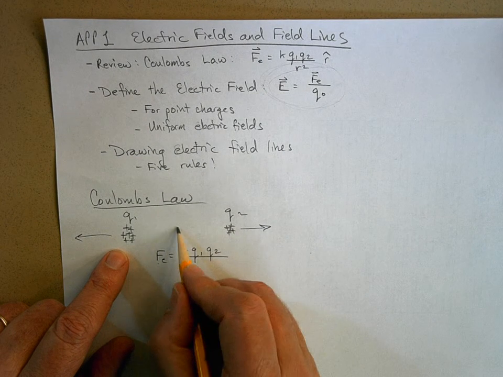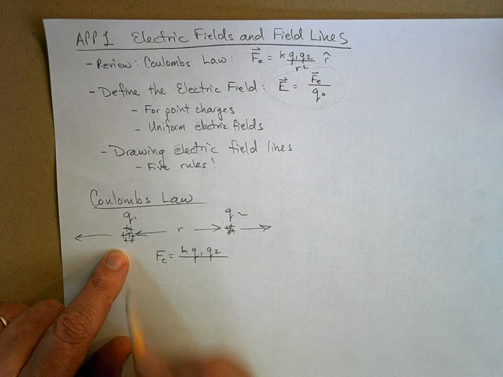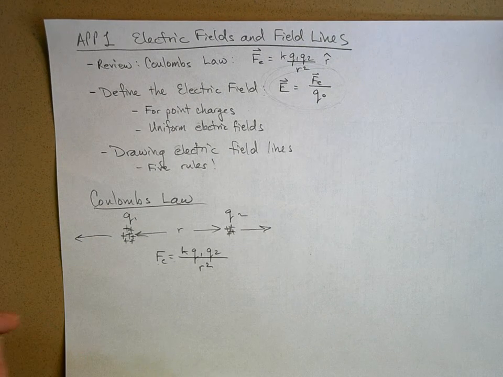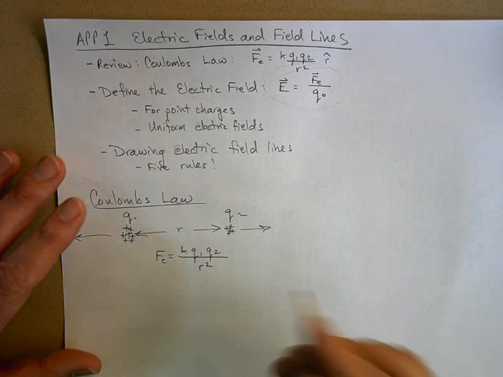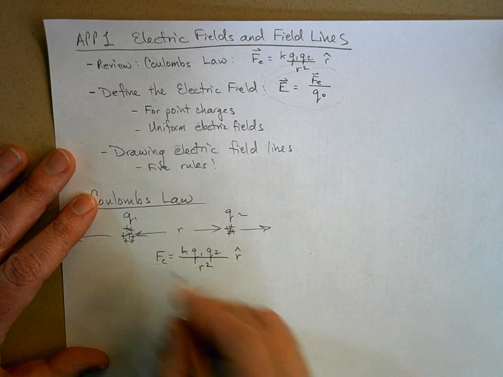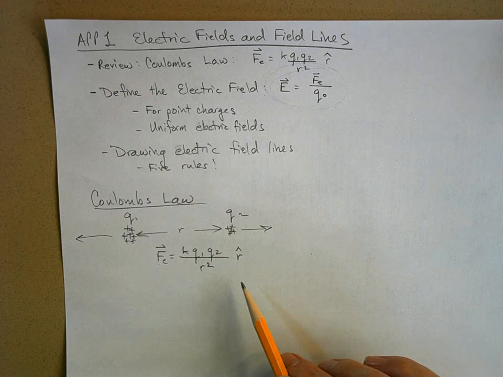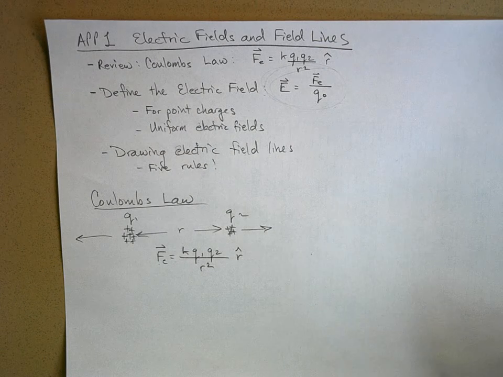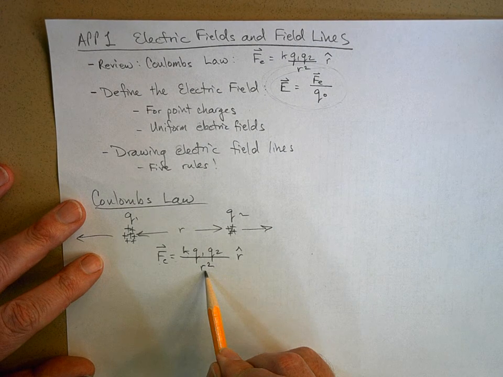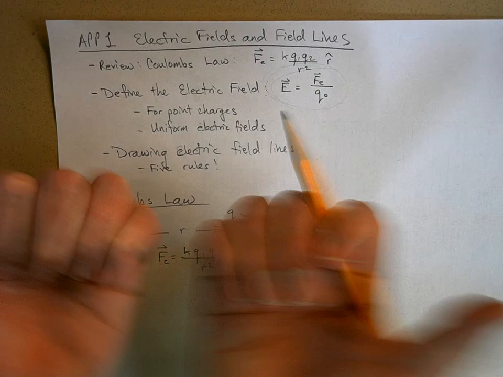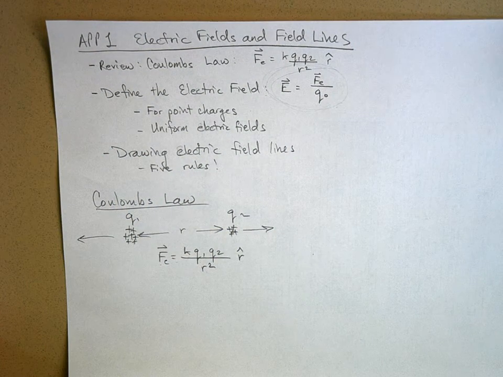And also the distance between them, which we're going to call R squared. And now it has a direction, and I'm going to call that direction R hat. I think we dealt with this before, but R hat just means away from. So K Q1 Q2 over R squared in the R hat direction, that just means it's a repulsive force.